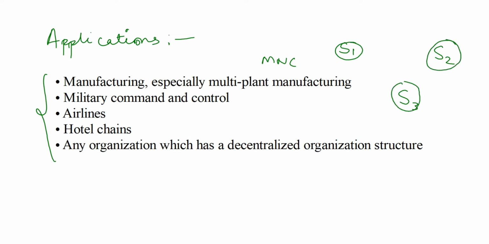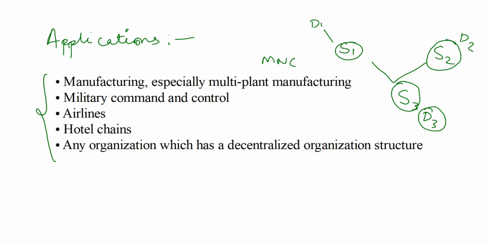Distributing will help us in this way: this has database 1, this has database 2, and this has database 3. So they maintain databases of their own sites. They have their local database stored at their site.